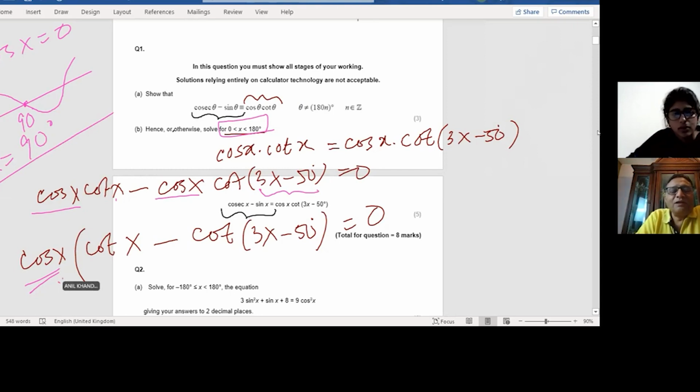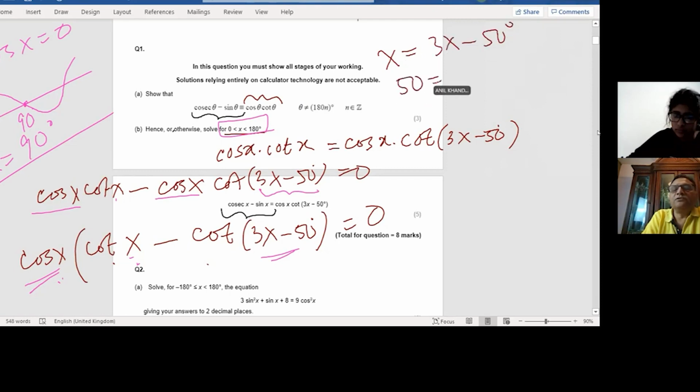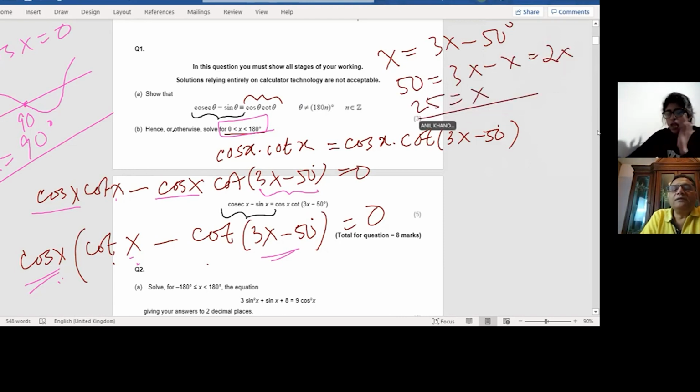So you see, if you would have cancelled, then you would have lost that answer. The other answer is we'll solve for the other factor. So in that case, x equals 3x minus 50 degrees. Bring them together. So 50 equals 3x minus x, which is 2x. So 25 is the value of x, in degrees.